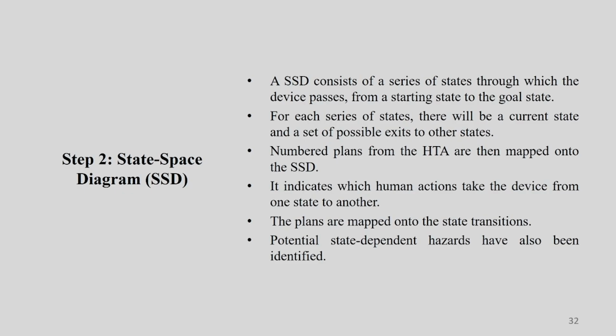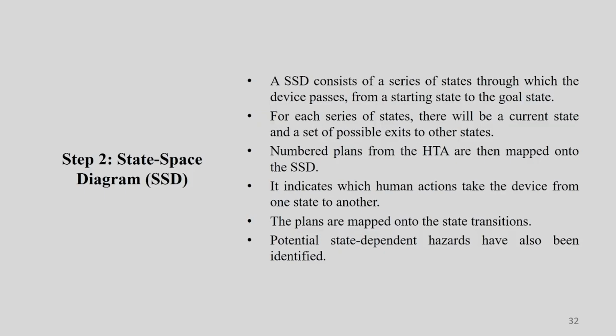So, what action can cause a hazard? What action can cause a hazardous situation in that particular system? You need to identify that. So, potential state dependent hazards have also been identified in this particular state.